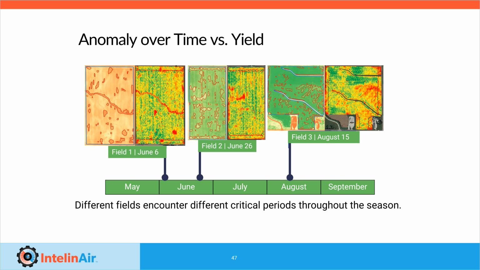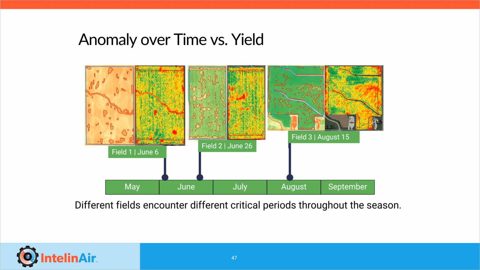In this case, we were able to bucket some set of fields that were impacted in May, a different set impacted in June, and then another set of fields that were actually okay up through July, and then had some issues due to some changing weather, drought, less rain situation in that late July, early August timeframe. So really bringing the dimension of time into analysis is very important.